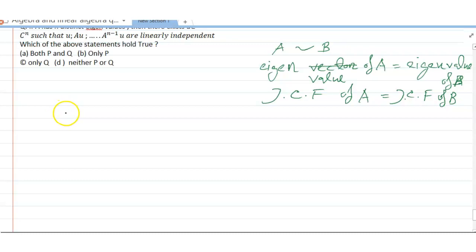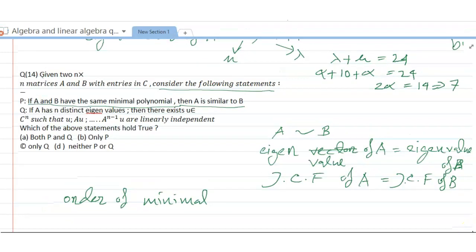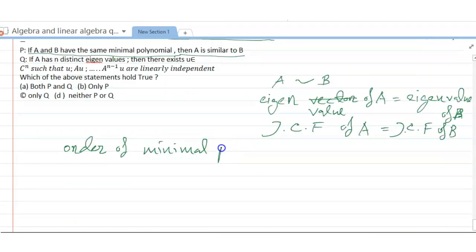the minimal polynomial, the order of the minimal polynomial is given by the order of the Jordan block.